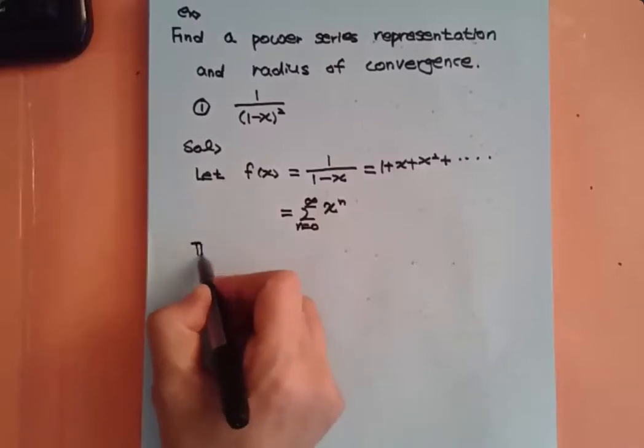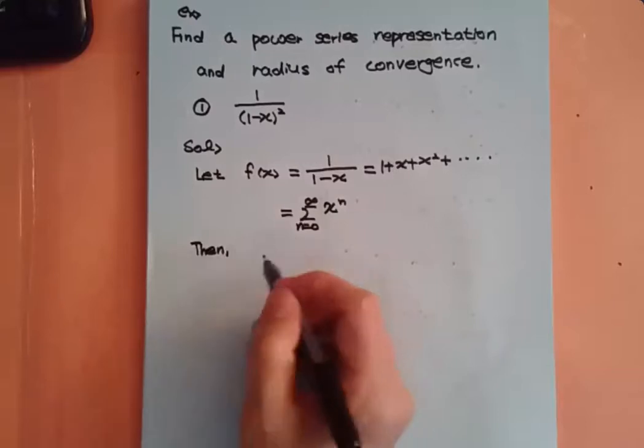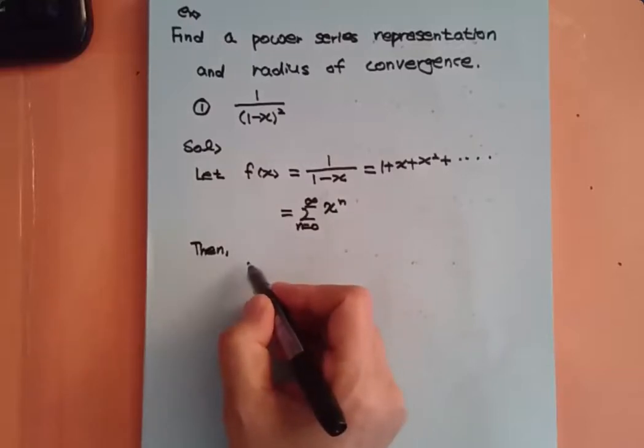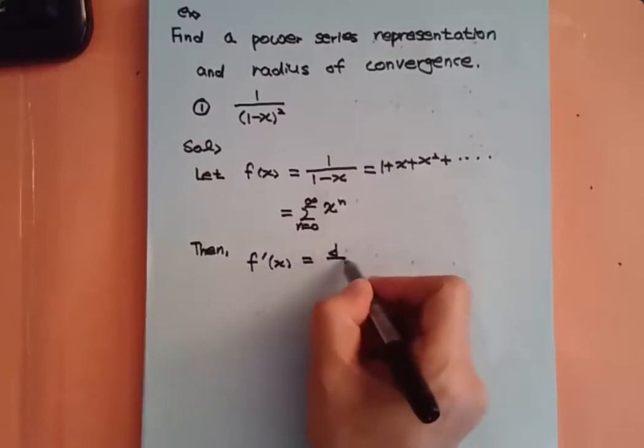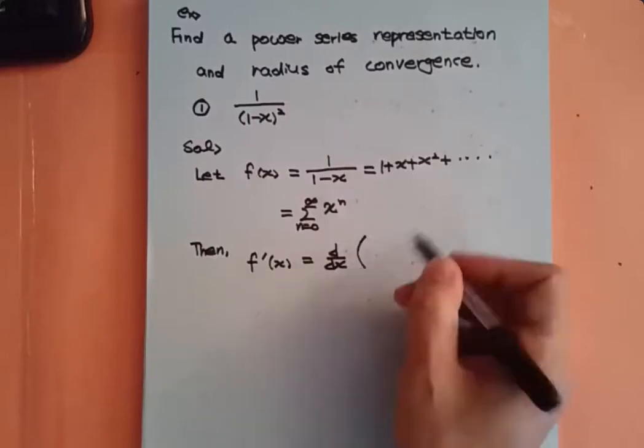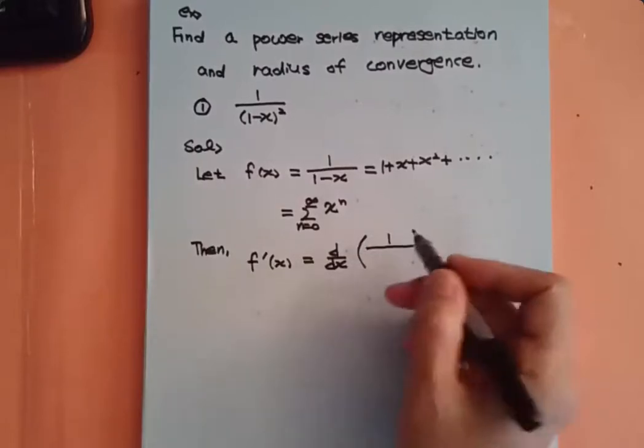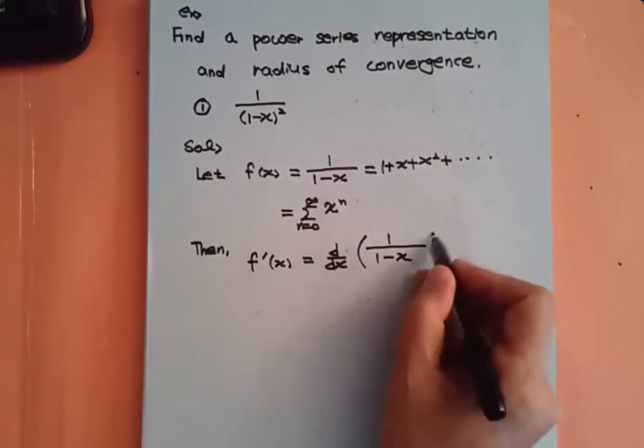Then when we think about f prime of x, we differentiate 1 over 1 minus x.